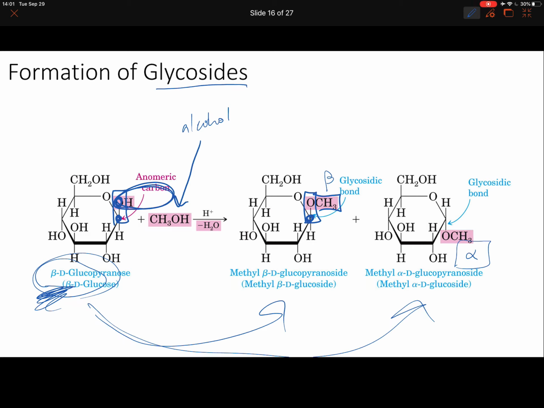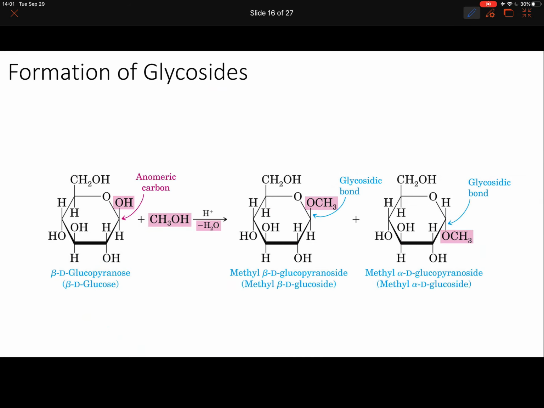We're not going to go over the mechanism, but it stops being an anomeric carbon until the end of the reaction, and then depending on whether it's open up or down is the one you get. So making glycosides is a simpler version of the acetal reaction.